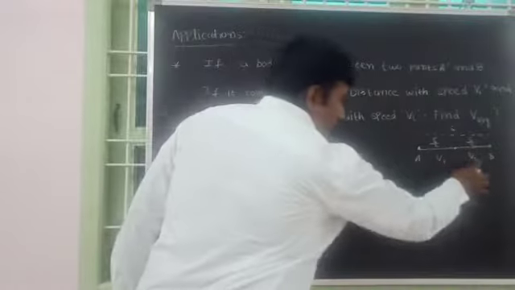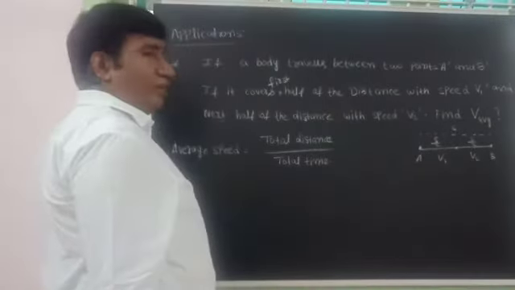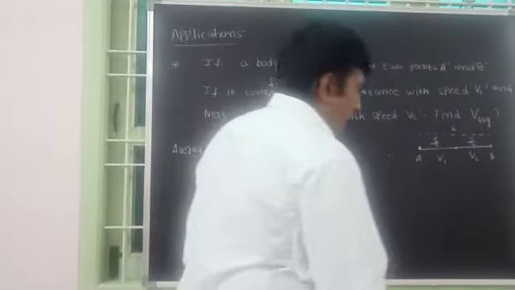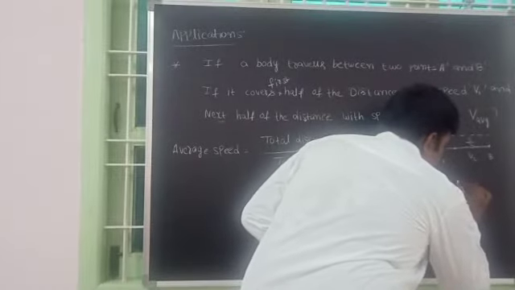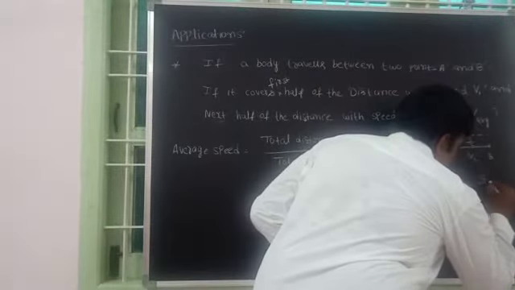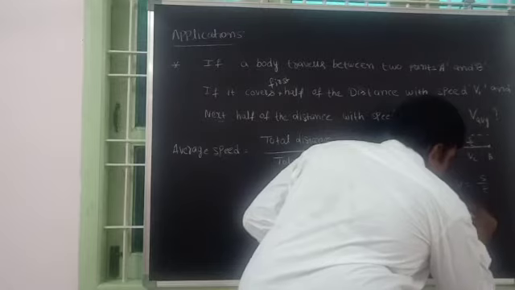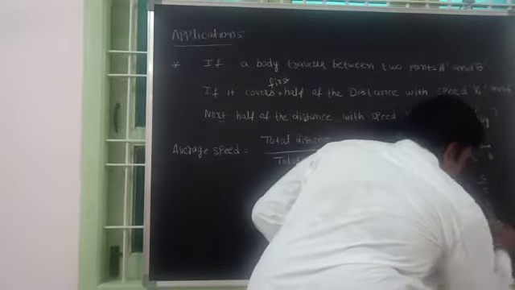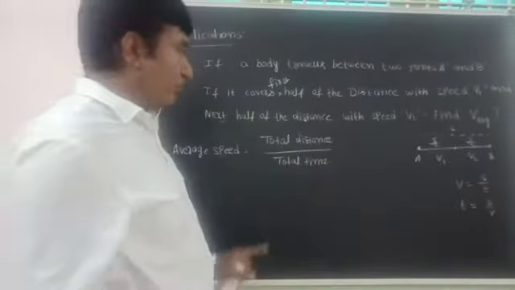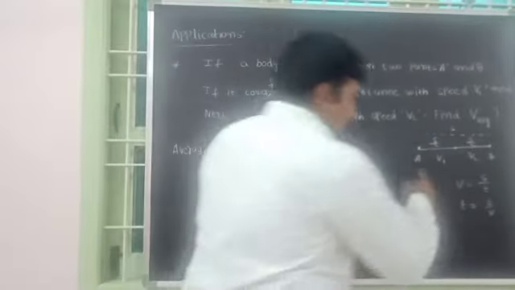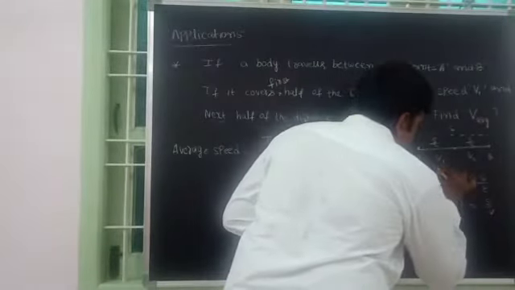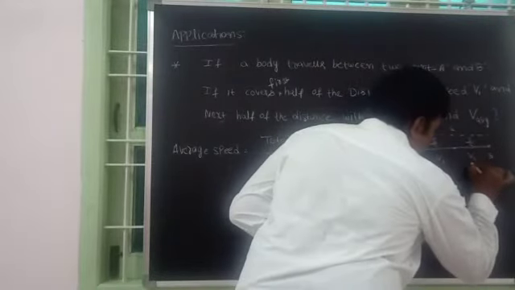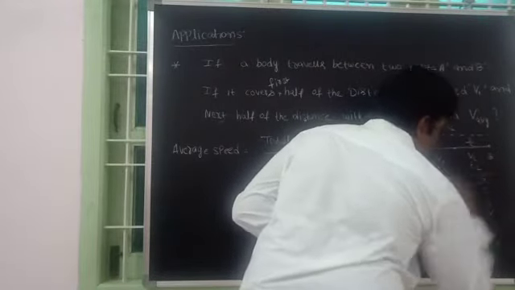Here they have given speeds v1 and v2. With the help of the definition, speed equals distance by time, so time equals distance by v. For the first part I take the time period as t1, and for the second part t2.